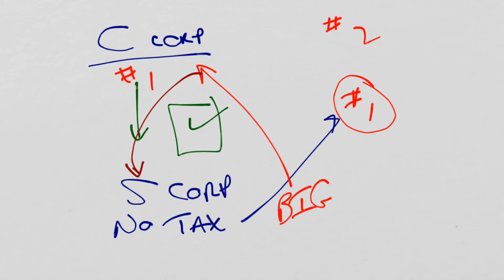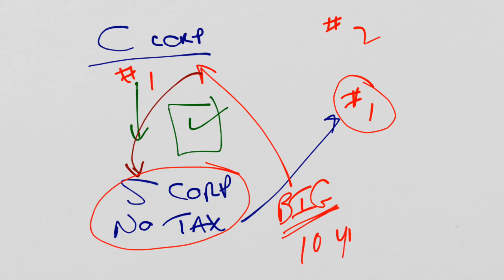So the built-in gain rules basically say, okay, you got to wait a certain number of years, and then we'll act as if it really is an S corporation like this, and we won't have it taxed twice. You got to wait a certain number of years before the built-in gain goes away.